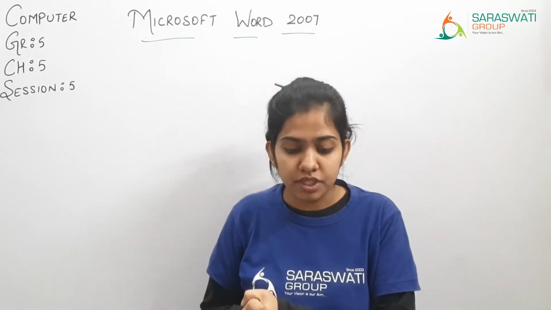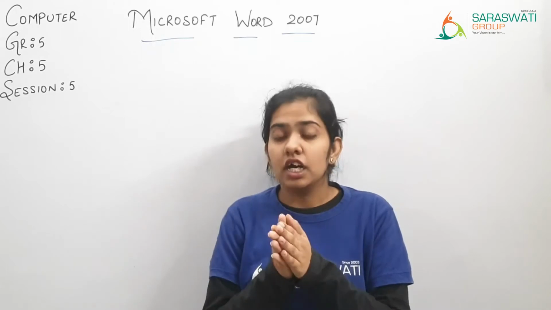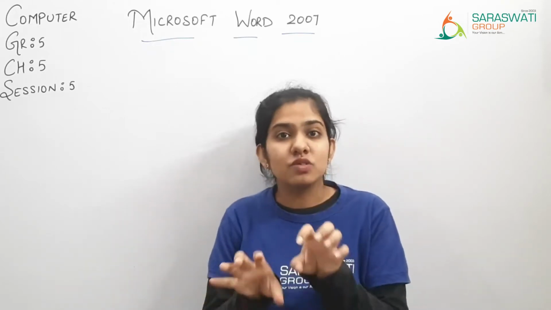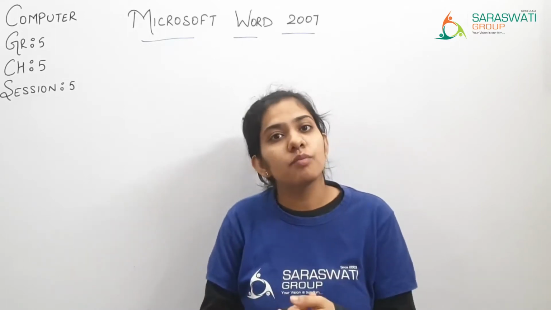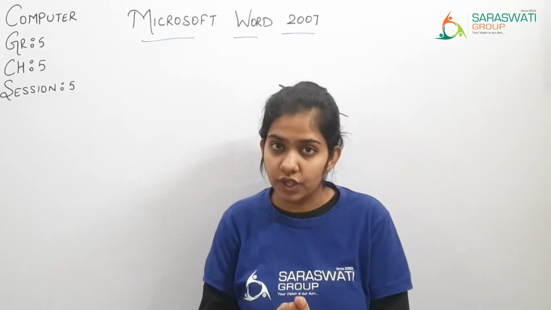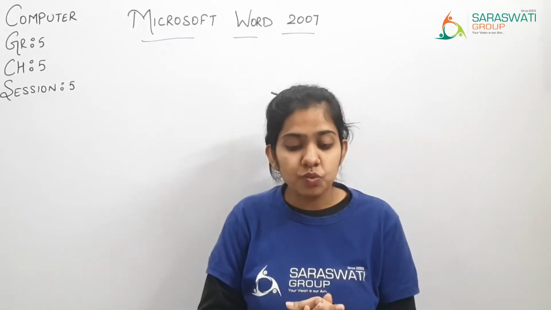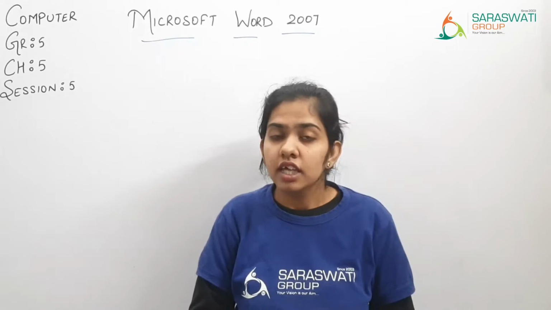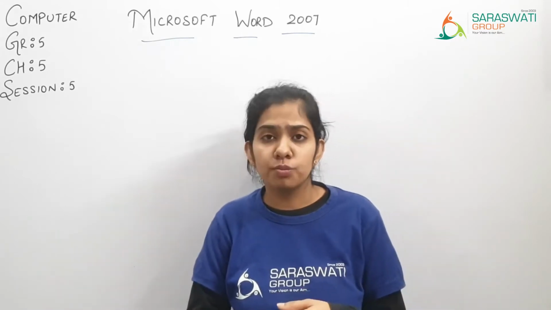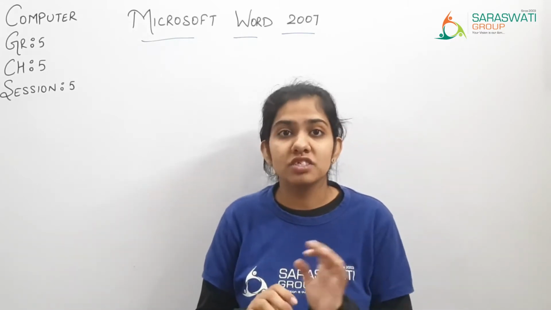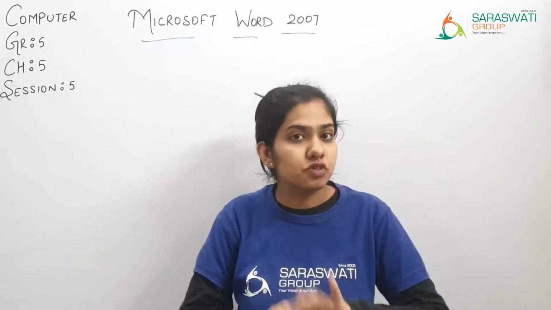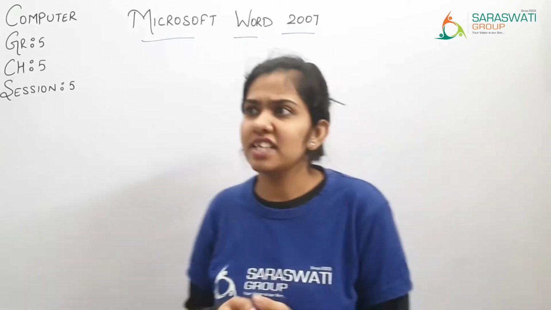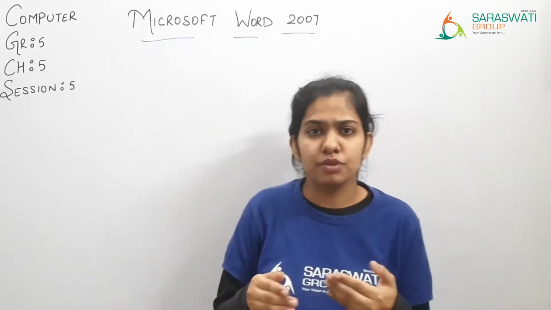And in this chapter we have limited ourselves to MS Word only. The rest of the components we will study further. Okay? So MS Word is an excellent software among any other word processing software. It is not limited to just typing text.